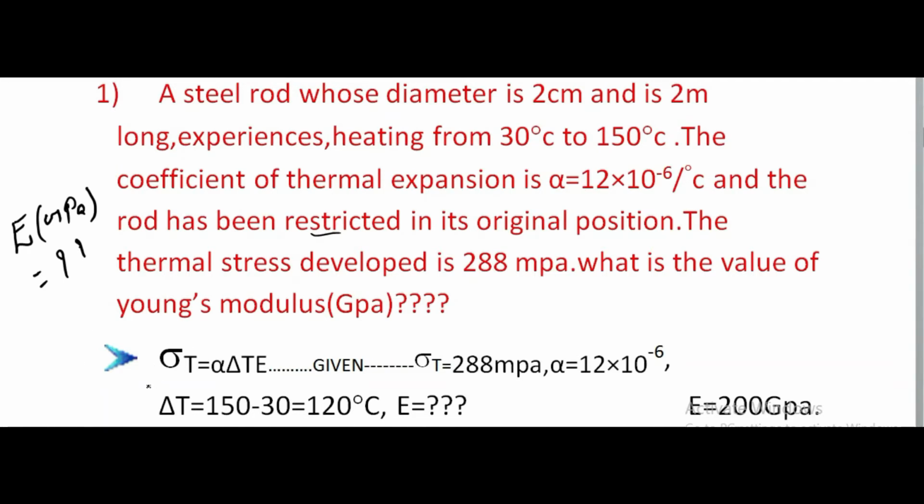We know the formula of thermal stress: thermal stress is equal to alpha delta T E. Given thermal stress is 288 megapascal, alpha is 12 into 10 to the minus 6, and delta T is 150 minus 30, that is 120 degree centigrade. We have to find Young's modulus, that is E.